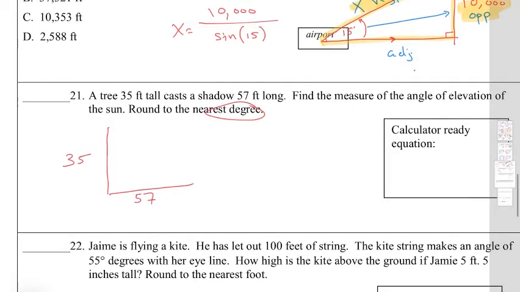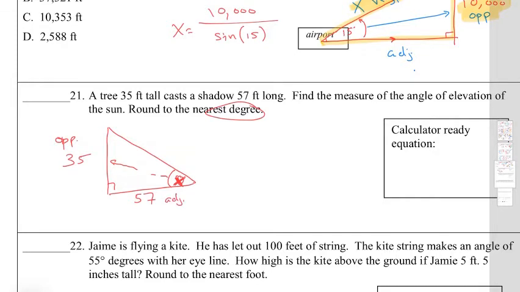If we're looking for the elevation to the sun, that means this angle down here is what I'm looking for. I can call it theta, I can call it x, really any variable I want. If that's my angle of reference, I'm going to label the sides according to that. Across from my angle of reference is my opposite side. Next to it is my adjacent side.